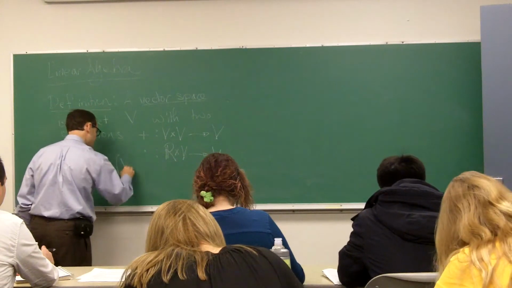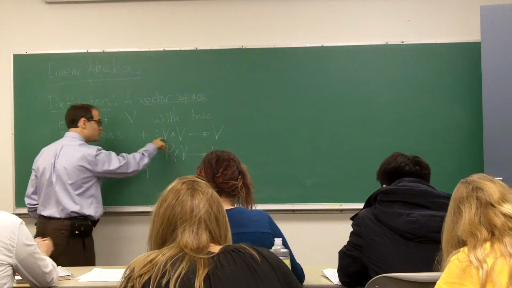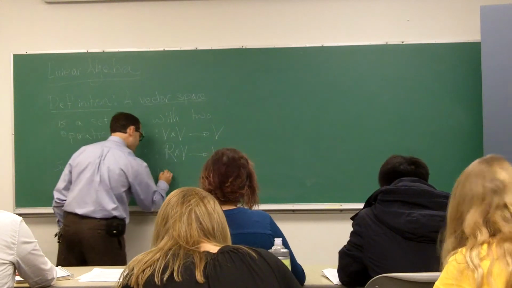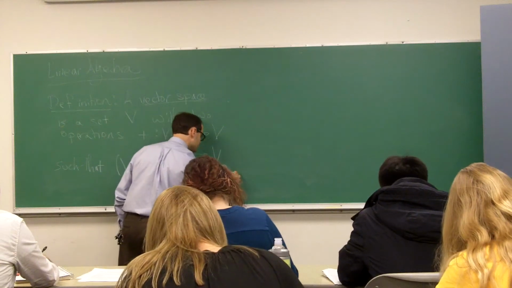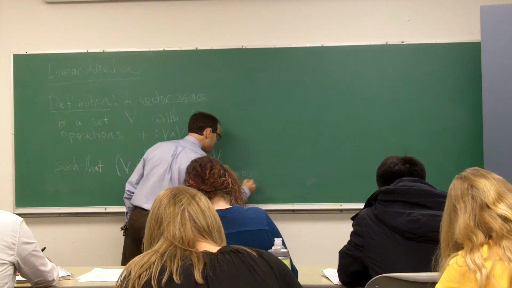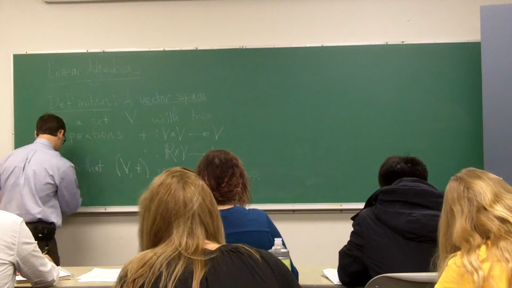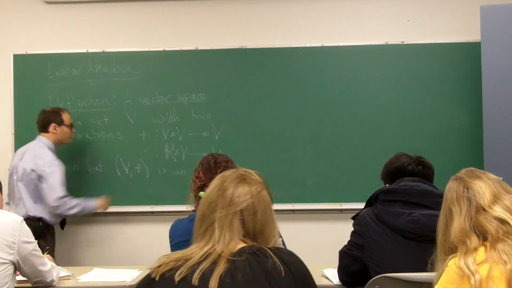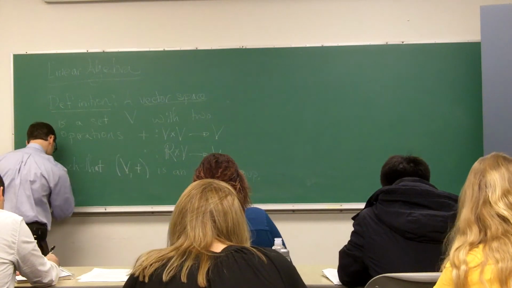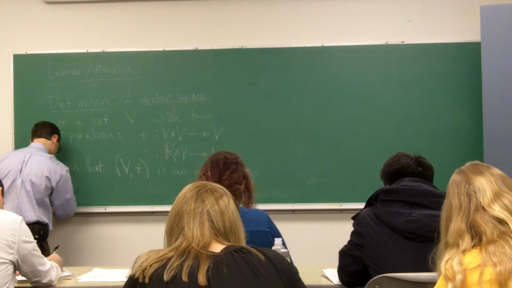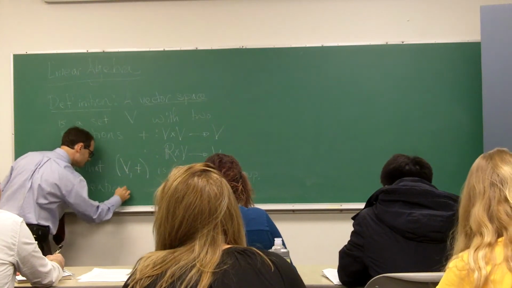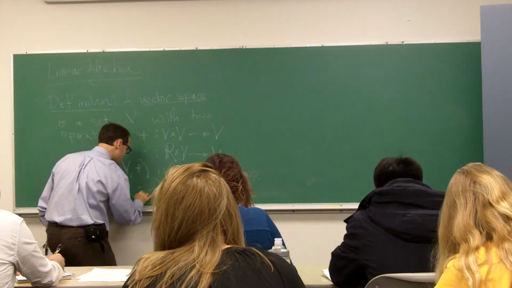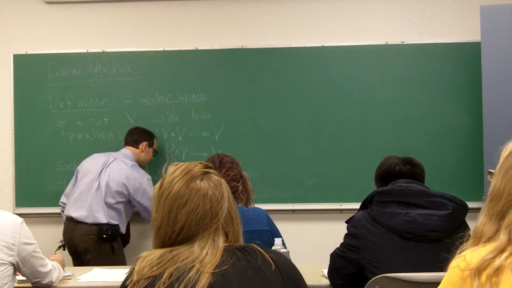Okay, so it has two operations, such that what? Well, the first thing is that V with the plus is an abelian group. And the second thing is that this multiplication, times and plus, distribute.